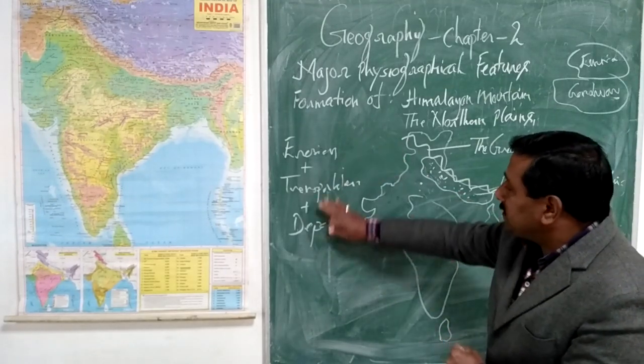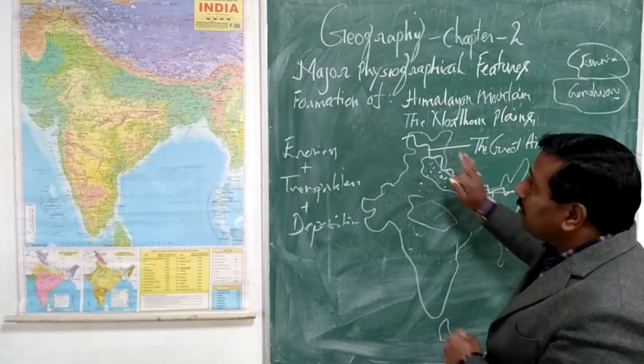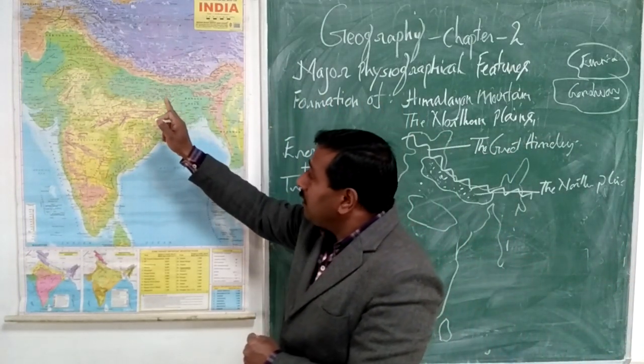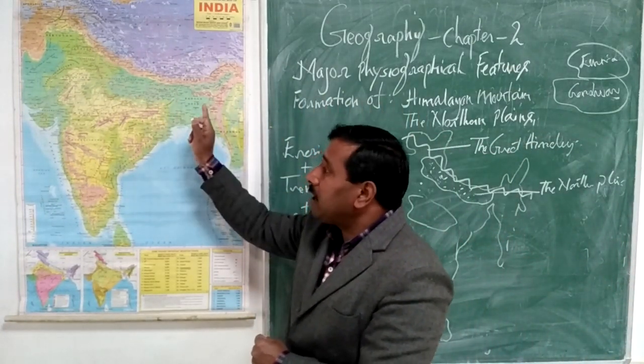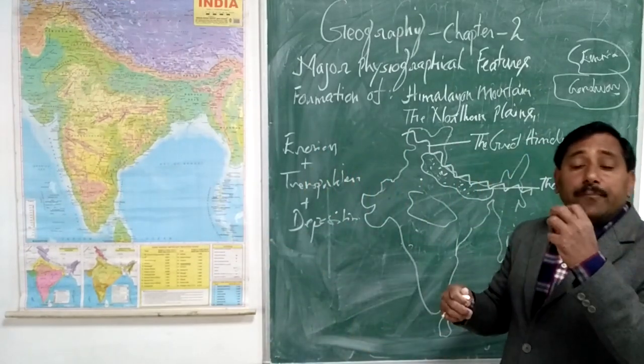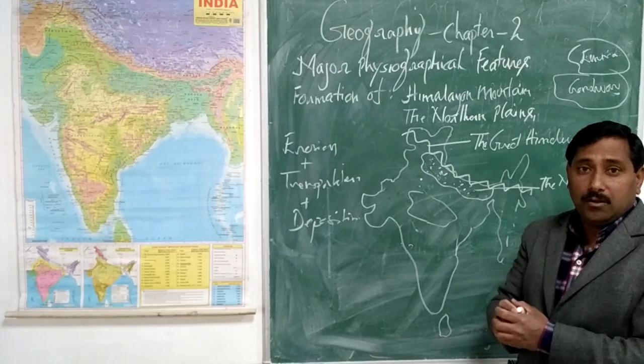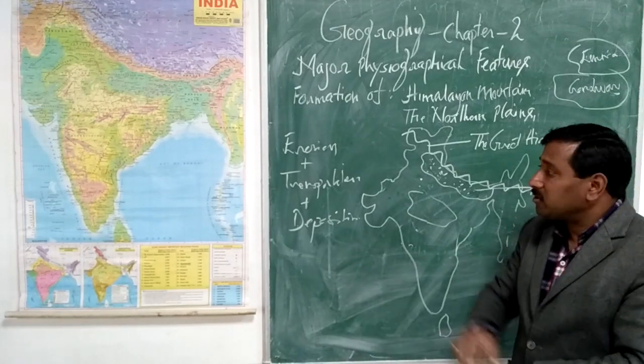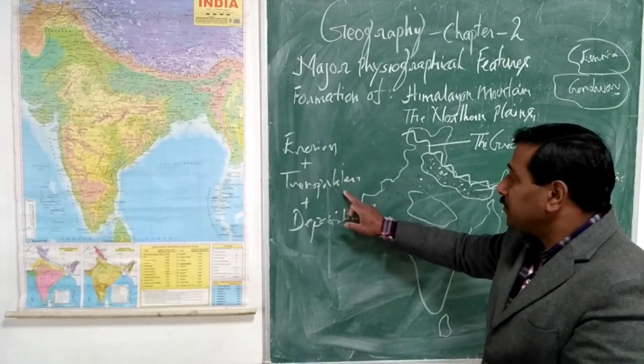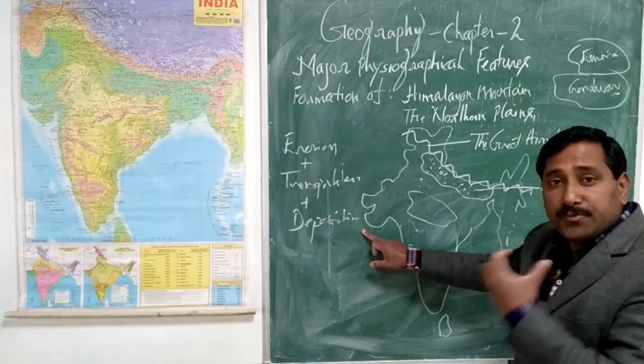And all these rivers which are coming, River Ganga, River Indus and the Brahmaputra, they are active in depositional work. Today also, this process of erosion, transportation and deposition is in progress.